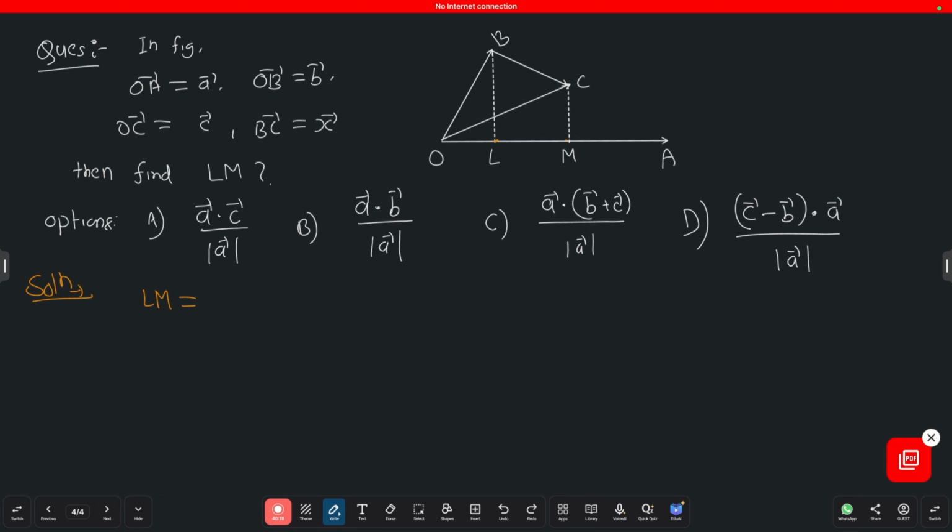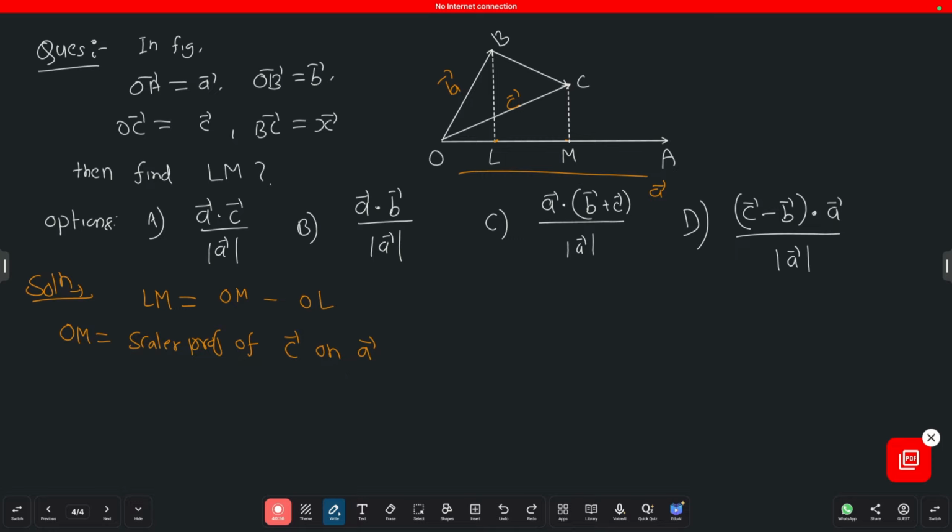LM is OM minus OL, and OM means the scalar projection of C vector, because OC vector is C. This is C vector, this is B vector, and this is A vector, correct? It is the scalar projection of C vector on A vector, because OA is small a vector.